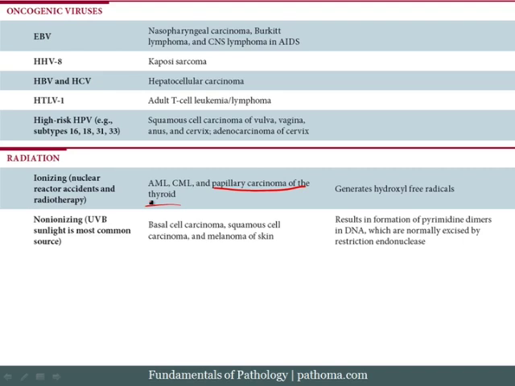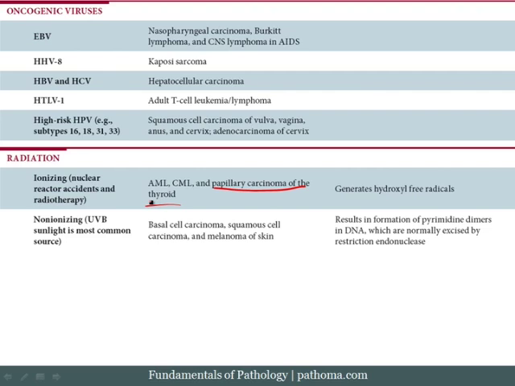Also, there was an increased risk of development of AML, and also an increased risk in patients exposed to development of CML. So AML, CML, and papillary carcinoma of the thyroid are the three cancers that are associated with ionizing radiation. Now, I want you to remember, I've already mentioned it once, but here we're going to review it one more time, and that is the mechanism by which ionizing radiation increases this risk is by the generation of hydroxyl free radicals.